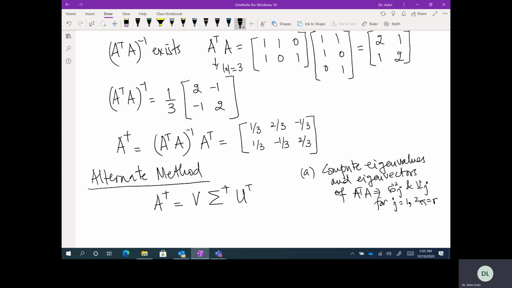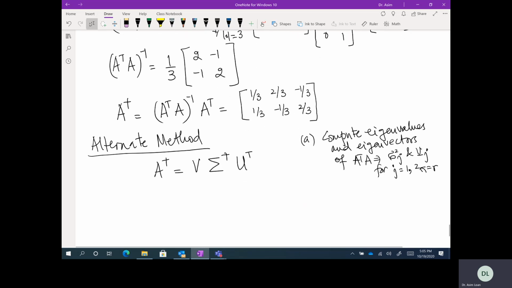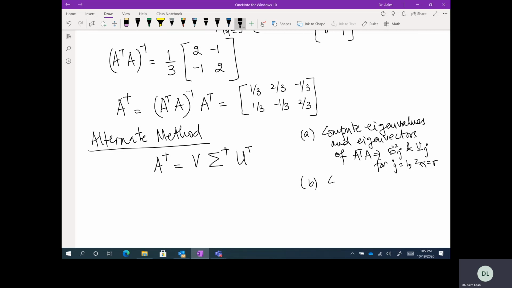Okay. So once you do that, then you compute columns of U for first R columns.